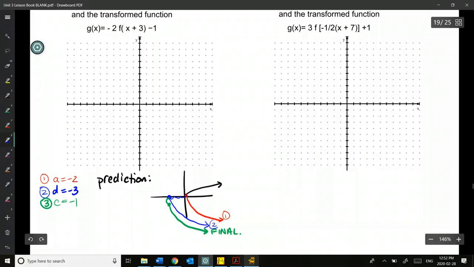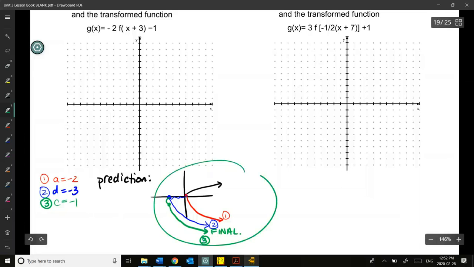Okay, a couple people were asking me, like, do I have to do this prediction part? I'd like you guys to practice that just because I may ask you some questions, like show me a step-by-step sketch of what this equation or what this graph would look like after each transformation and then what the final looks like, right?